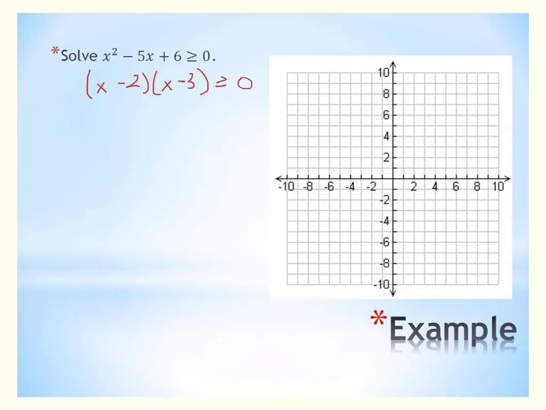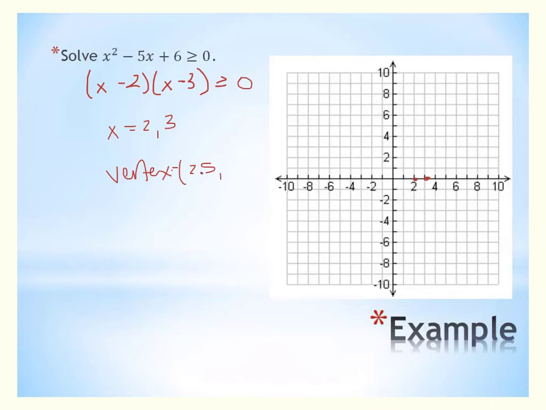Alright, so let's see here. Positive 6, negative 3, negative 5. Alright. So 2 and 3 then are my intercepts. Which means that my vertex is going to have an x that is 2.5.